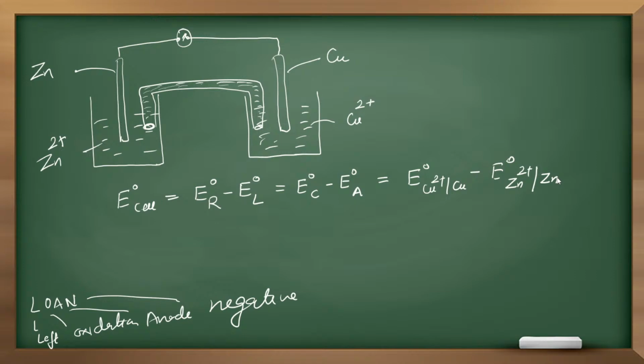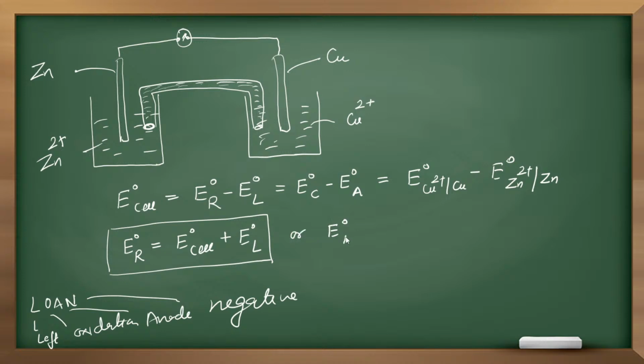So to determine the E naught value of any one electrode, E naught cell can be calculated from the voltmeter. So E naught right is equal to E naught cell plus E naught left, or E naught left is equal to E naught right minus E naught cell. So this is the way to calculate.